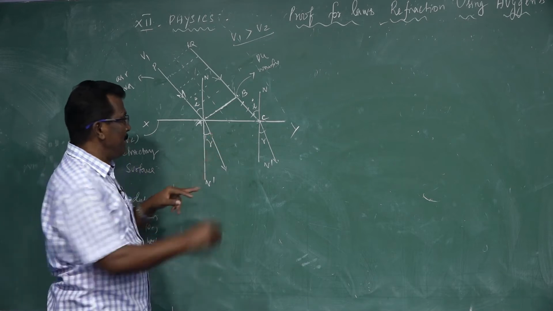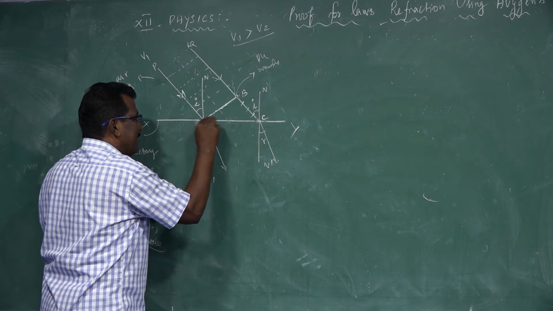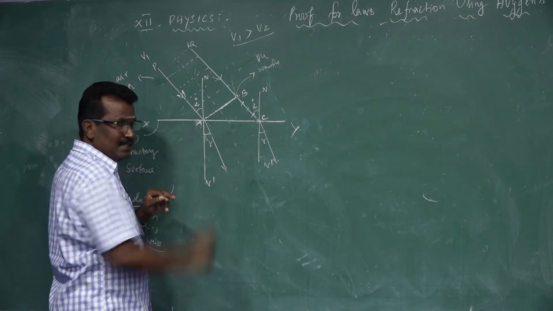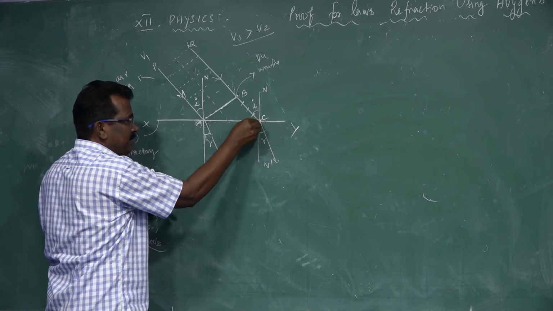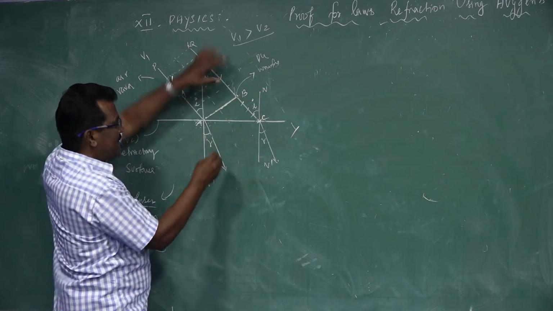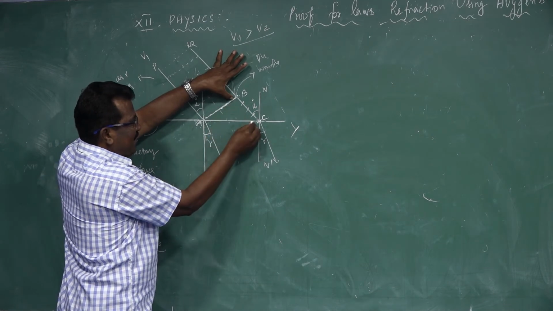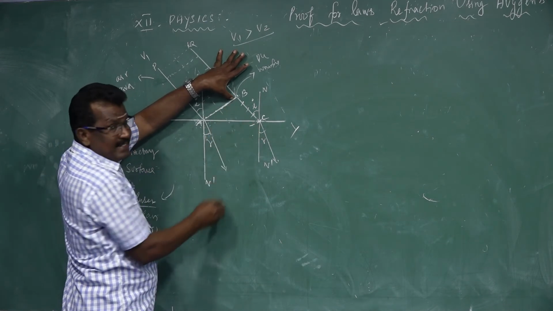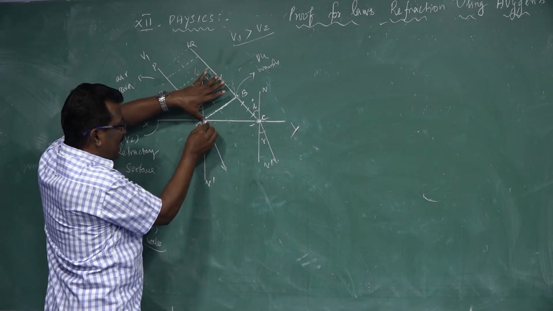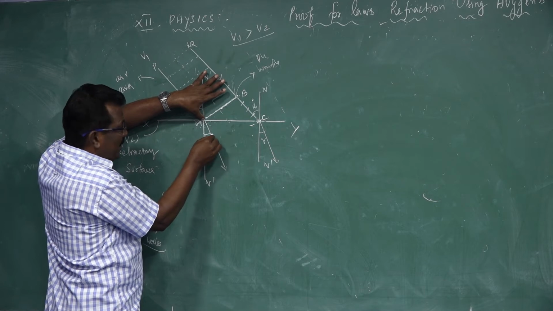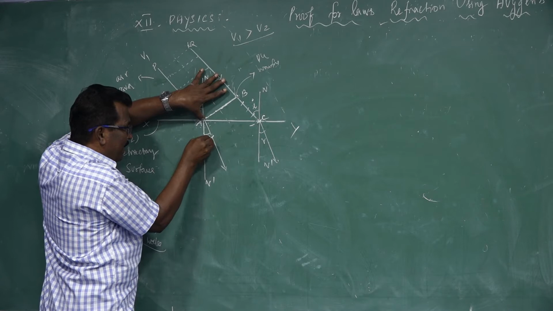So the secondary wavelets form like this. Suppose the secondary wavelet from B meets at point C. Similarly the secondary wavelet from this point meets here. After incidence, refraction, put an R mark. Similarly, the secondary wavelet from A travels in the denser medium a distance lesser than BC, so you put an arc here.